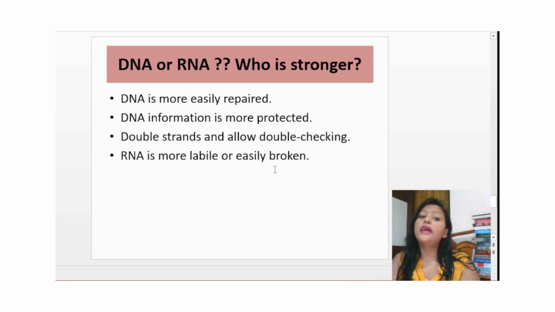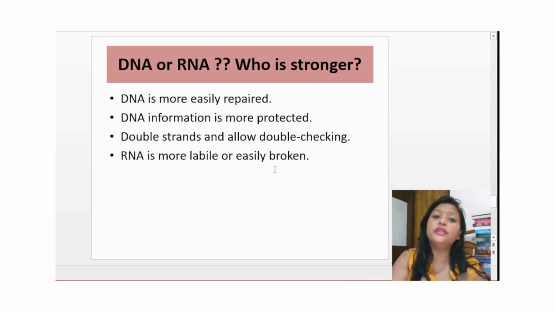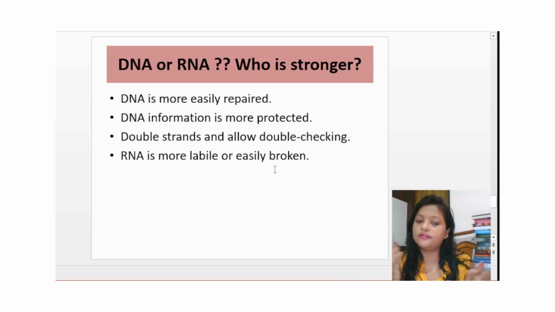Even when it's broken, DNA is more easily repaired than RNA. RNA is easily broken and not easily repaired compared to DNA. So DNA is not easily broken and can be repaired very easily. This is one of the reasons why it's stronger than RNA.